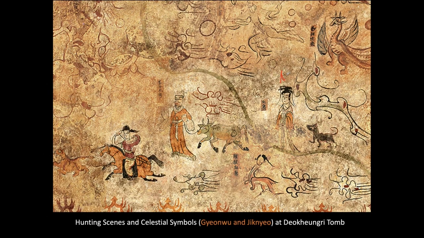Yes, you see the maiden, and what else? Flying animals. Oh, flying animals, yes. So this is a symbol of which celestial being? The dragon. It looks like a dragon, and this is usually called the Asian version of a phoenix.